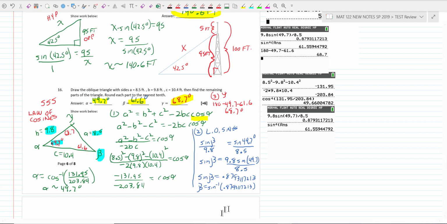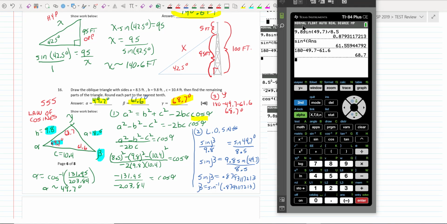Here's how easy it is to check your answer. You do the law of sines. I like to just pick an angle. Let's start with alpha. We'll do the sine of 49.7, and then divide by its opposite side, 8.5, and just get the answer. Okay, so that gives that.